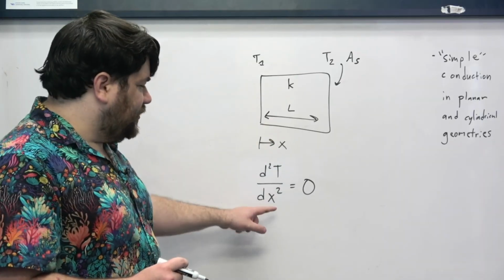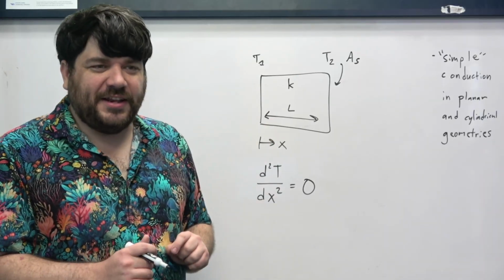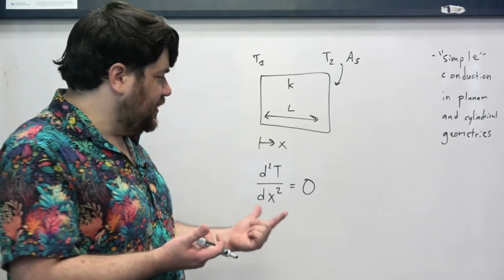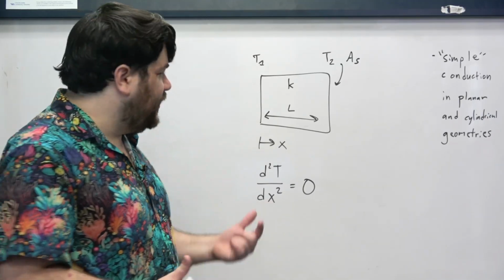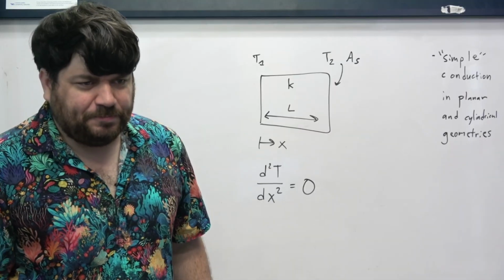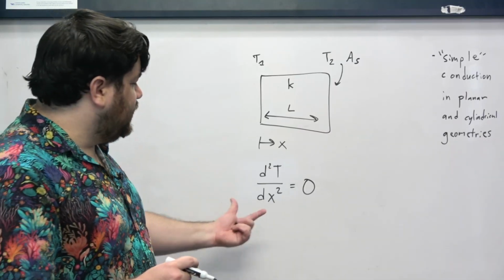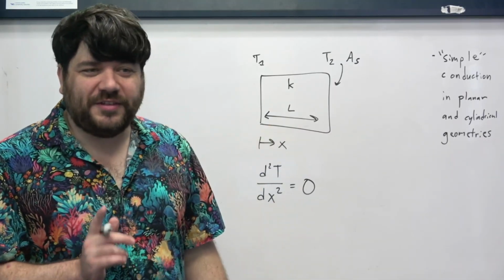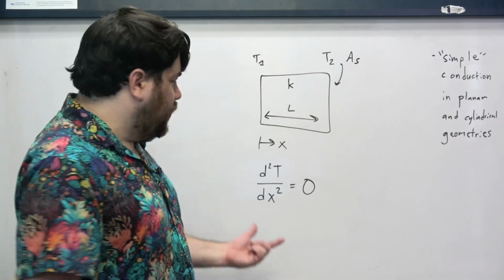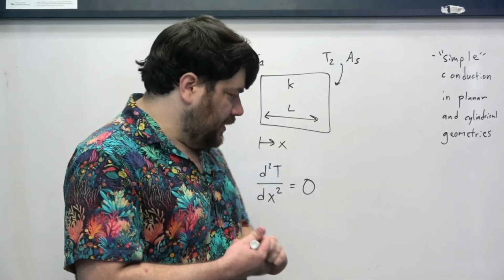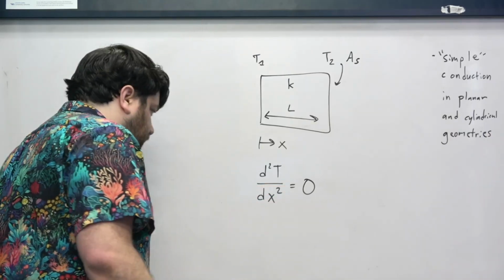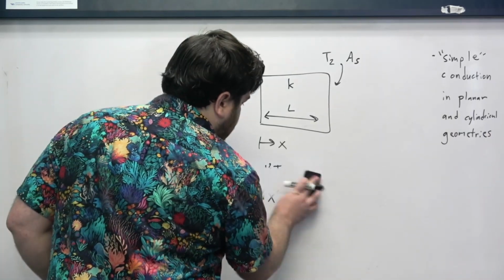Notice that the k doesn't really show up when it comes to calculating the temperature distribution, because under the assumptions that we made before, the k actually doesn't matter. That doesn't necessarily mean that this temperature distribution can't be a function of k. It's just not going to show up by default in the actual differential equation. So what is the general solution to this differential equation? Well, we had seen it before.